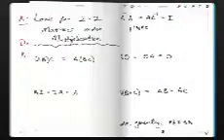Now we look at the laws that we have for matrices under multiplication, which we looked at for addition. We have some similar ones for multiplication. So we have A, B, C. AB times C is the same as A times BC.